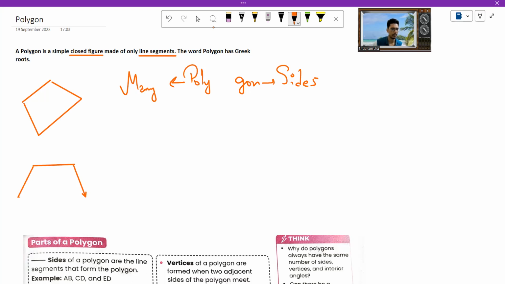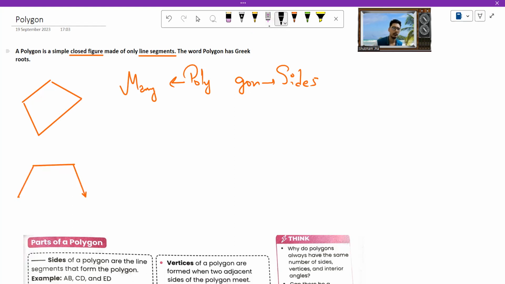Now you can see in this, the boundaries are enclosed, correct? Means this is an enclosed boundary. But if you look into this, this is an open boundary.